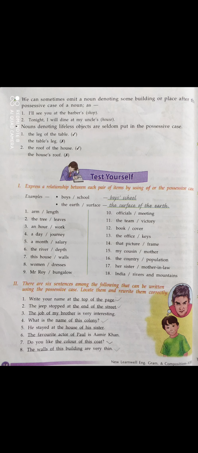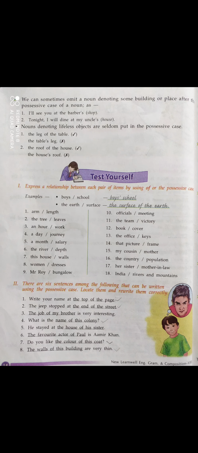Sister is a living person, so we can say her sister's mother-in-law. India is again a dignified or personified thing, so we can use the possessive case with India. So India's river and mountain. Just like this we have to do this exercise.